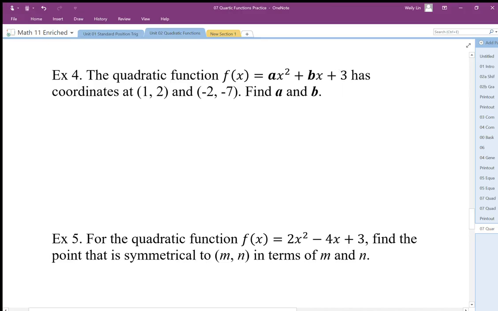So if I'm going to sketch this, maybe I'm just going to sketch a quick graph here. I know my y-intercept's at 3, and I've been given two more coordinates. So I've been given 3 coordinates. So 1 over, 2 up, somewhere around there. Negative 2, negative 7. So somewhere down here.